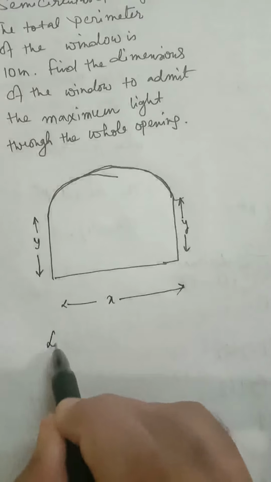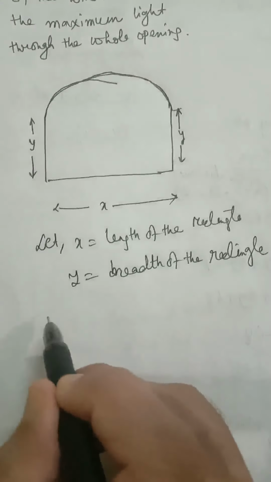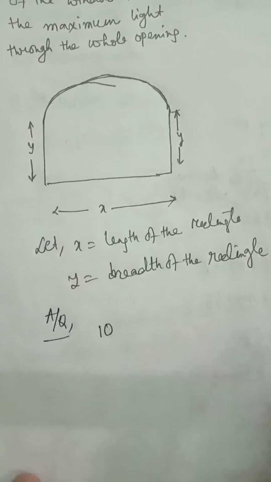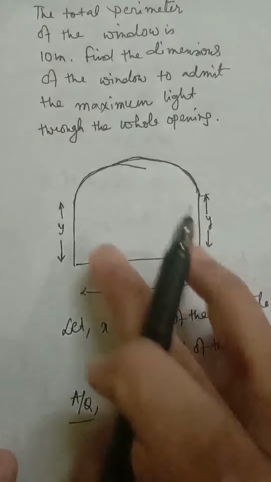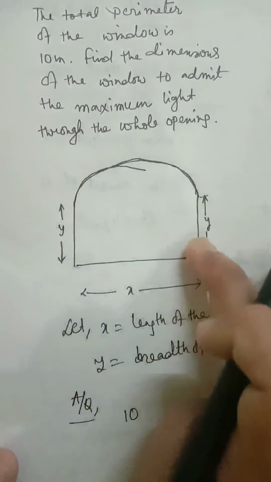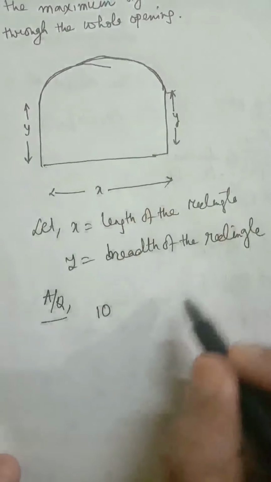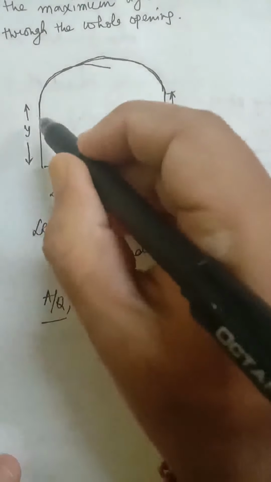Let x be the length of the rectangle, y be the breadth of the rectangle. According to the question, the perimeter is 10. You can see the perimeter of the window is 10 meter. Perimeter means length of this plus this plus this plus the semicircular part. So y plus y, 2y, plus x, x plus 2y plus semicircle.